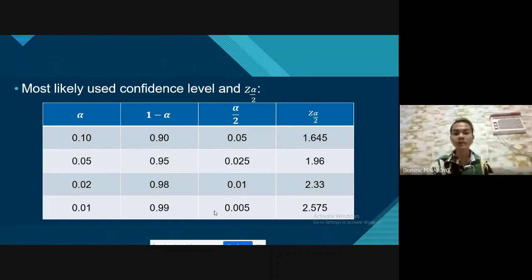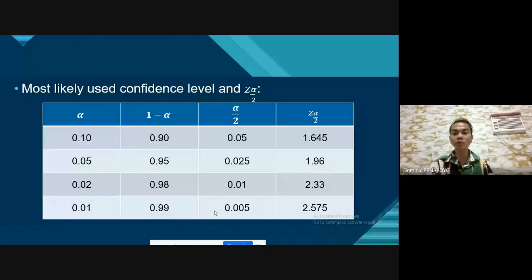Now, this is very important in solving a confidence interval. We have here the Z alpha over 2. The Z alpha over 2 for 90% confidence level is 1.645. For 95% it is 1.96. For 98% it is 2.33.